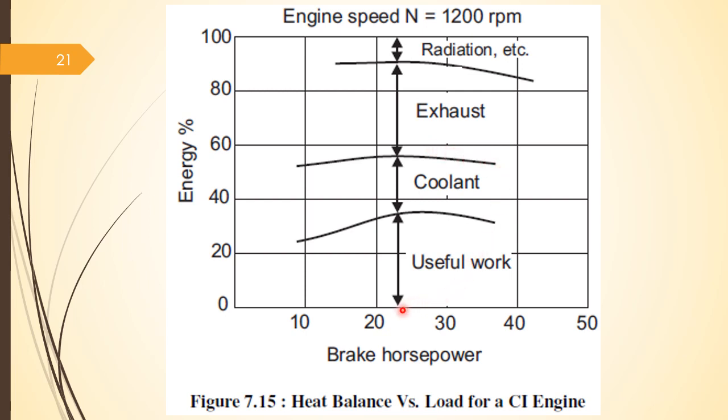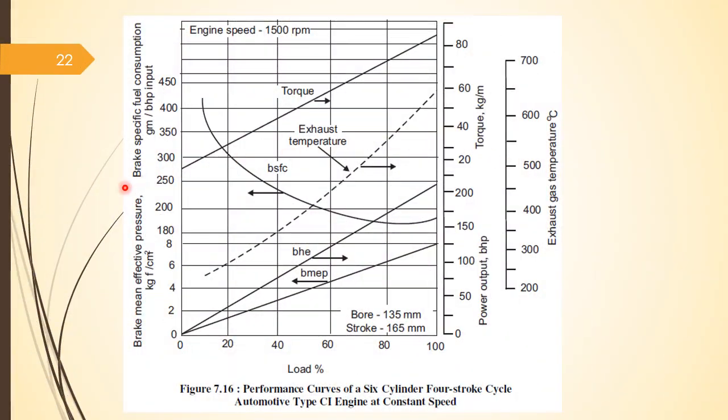And when we are around 25 brake horsepower, the maximum useful work is observed. These are all just graphs to show the nature when the engine is running at constant speed with variation in the load, and which kind of energy balance or which kind of energy loss is observed.